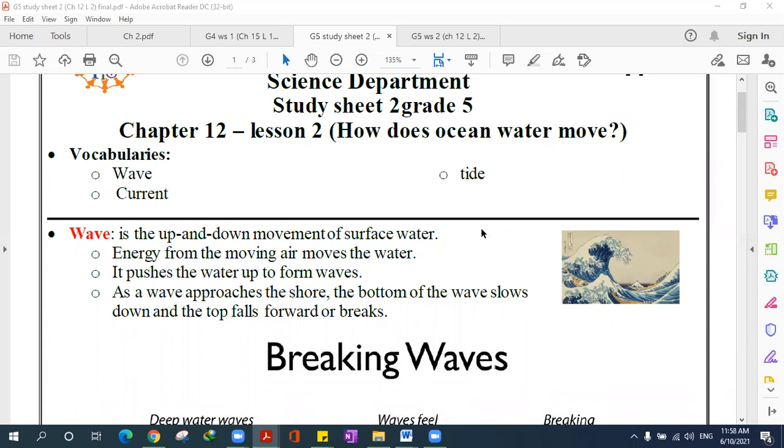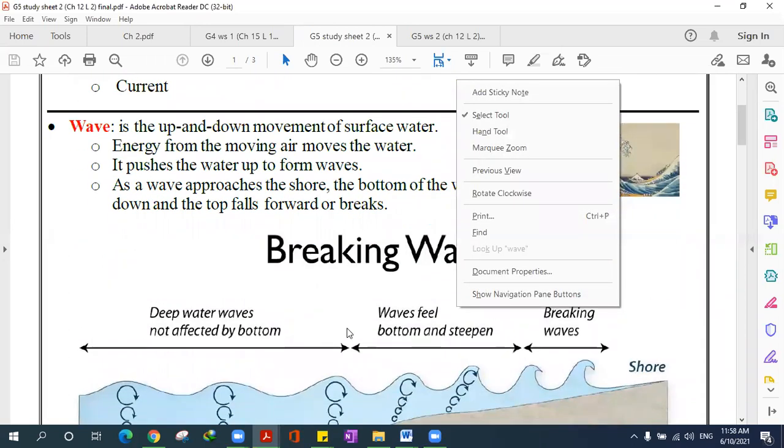So again, wave is the up and down movement of surface water, and it's just energy, okay? And the water carries this energy from one place to another through its movement. This energy could come from many reasons, maybe an earthquake, or air that starts moving the waves. So as a wave approaches the shore, or gets closer to the shore, we say that the wave is breaking, it becomes weaker.